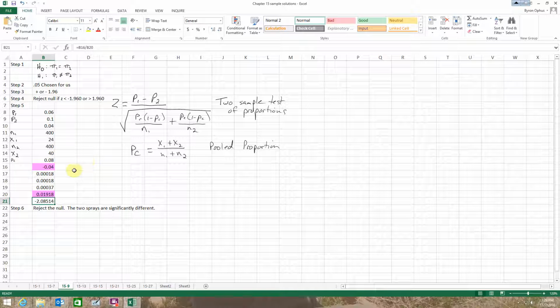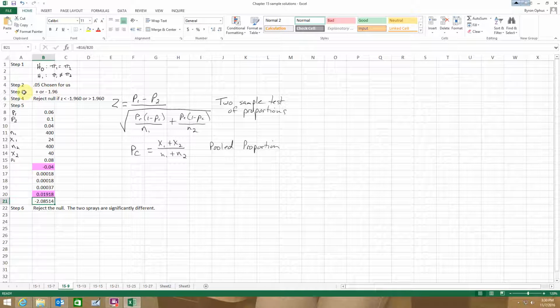In your case, it says, can we conclude that women think men are less kind, gentle, and thoughtful? So we would probably use the less than symbol as our alternate hypothesis, right?